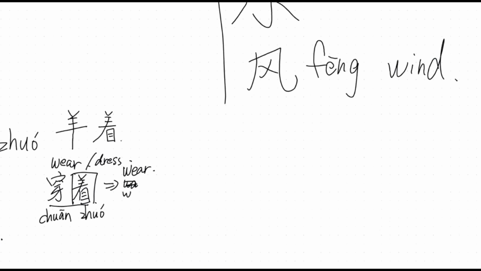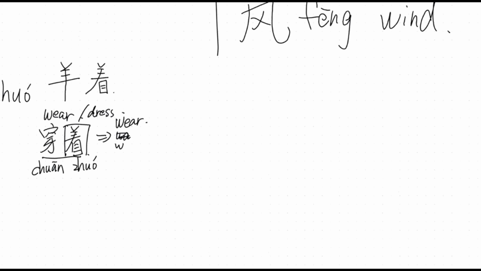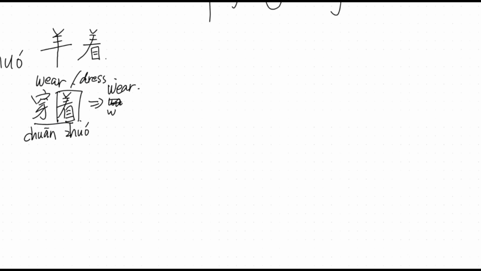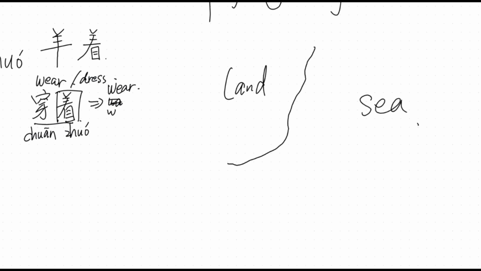So now in Chinese, 东风 has a different meaning. You see in the Chinese map, here is land, here is sea. Okay, up to north. So land is at west. Sea is at east.